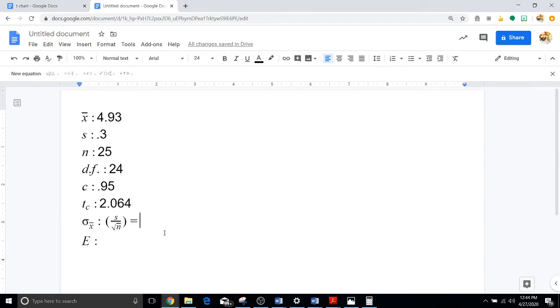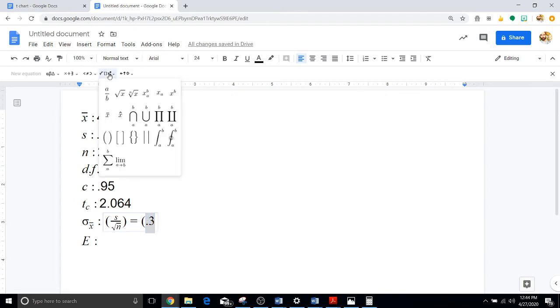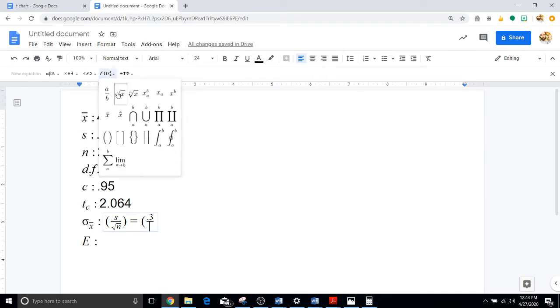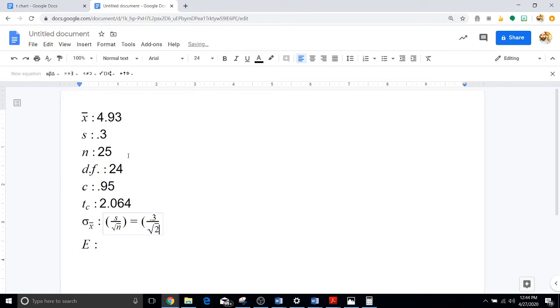Standard error. Standard error is going to be our standard deviation divided by the square root of our n. Let's go ahead and put that in here. Well, standard deviation we said was 0.3. Let's put that 0.3 into a fraction. We're going to divide that 0.3 by the square root of n. Well, square root of n is going to be square root of 25.